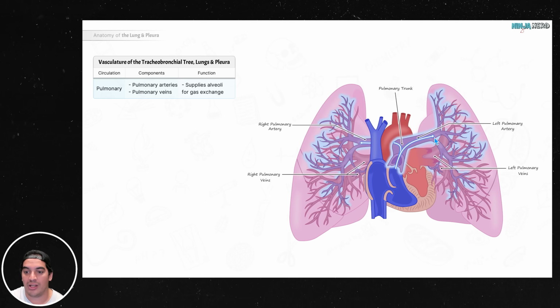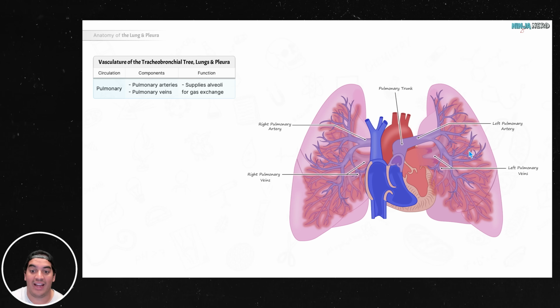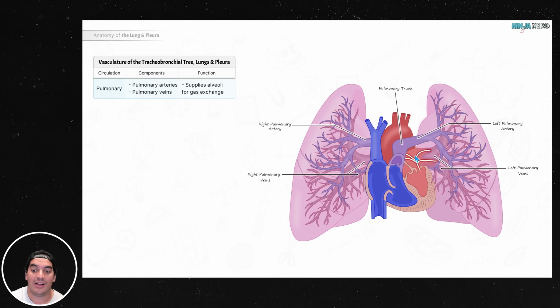From the pulmonary trunk, it moves outwards into the pulmonary arteries, pulmonary arterioles, pulmonary capillaries. Gas exchange occurs. Blood comes back via the pulmonary veins. The pulmonary veins then empty into the left atrium. The left atrium then crosses the bicuspid valve, or the mitral valve, into the left ventricle, and then from the left ventricle it leaves via the aorta and goes to the systemic circulation. That's what I want you to remember.